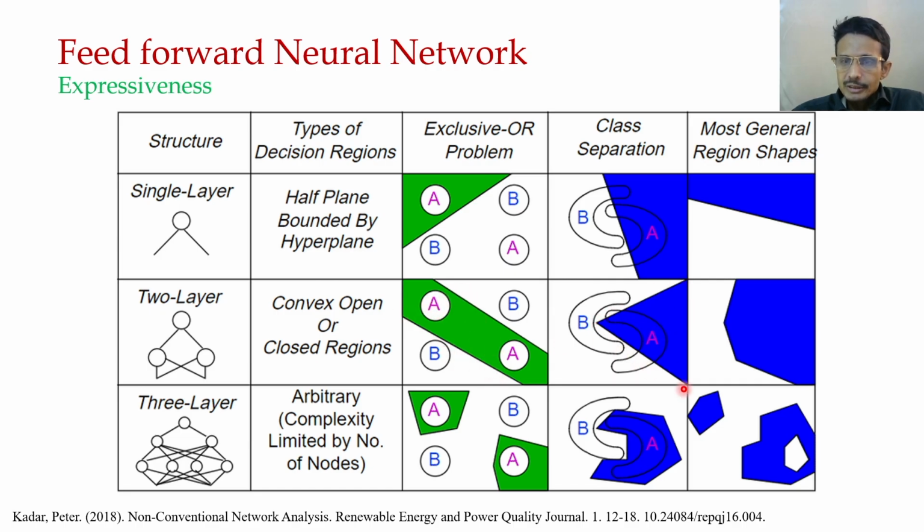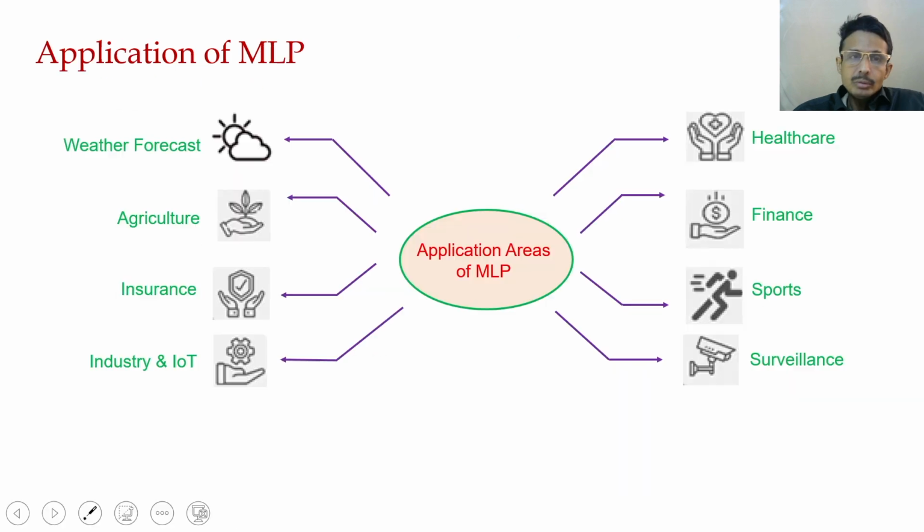Here we get polygonal decision boundaries. And with three layers, we get arbitrary complexity, limited only by the number of nodes, so we can get very complex regions. With this we can understand the expressiveness.